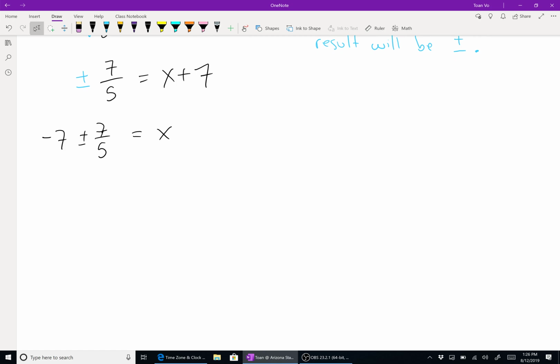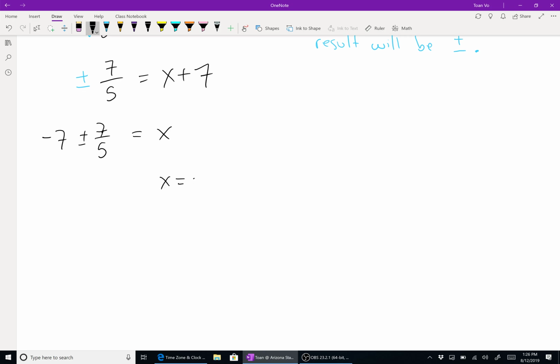Now, the next thing I'm going to talk about is a Mr. Vo thing. This is not a math thing. For me personally, if my final answer has a plus or minus in it, and it does not have special symbols, like square roots or i's or anything like that, I'm going to expect you to split apart the answer. In other words, I don't expect you to leave it like this because they're just regular numbers.